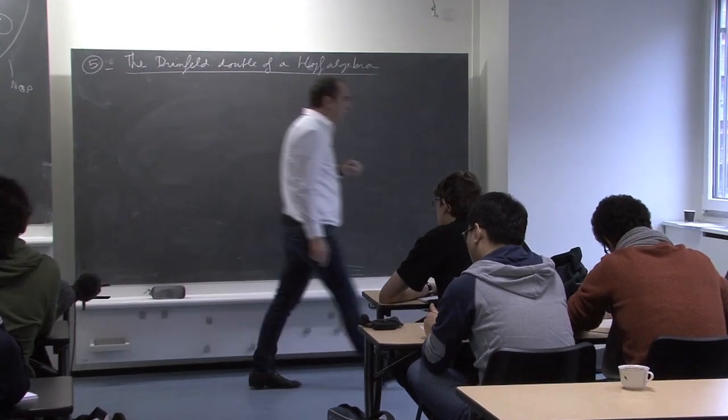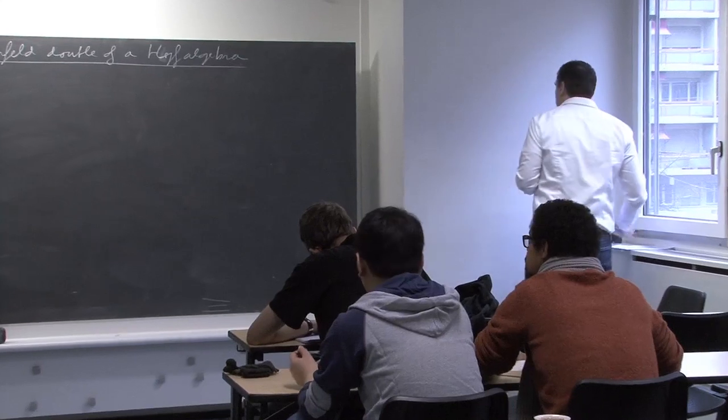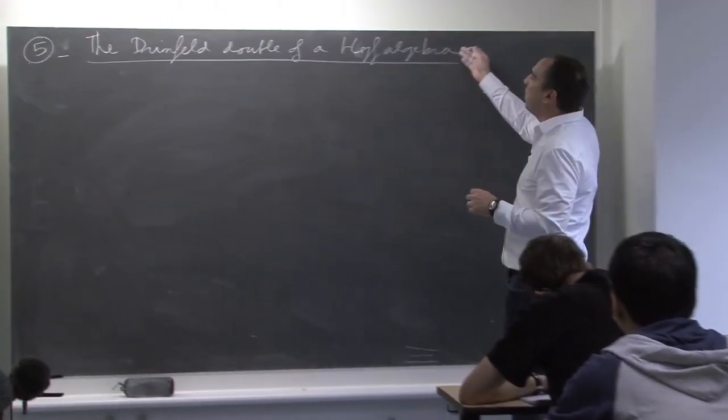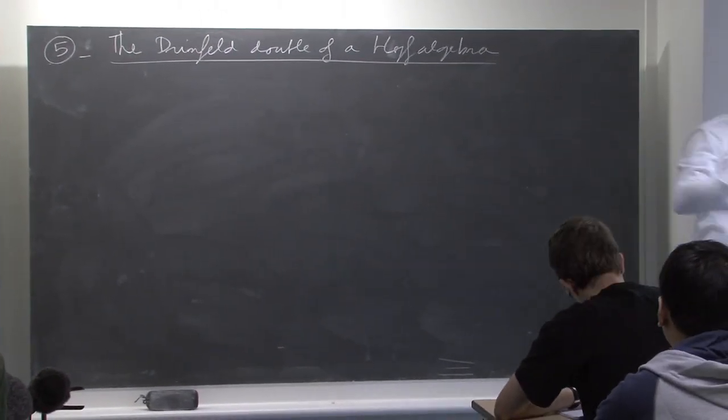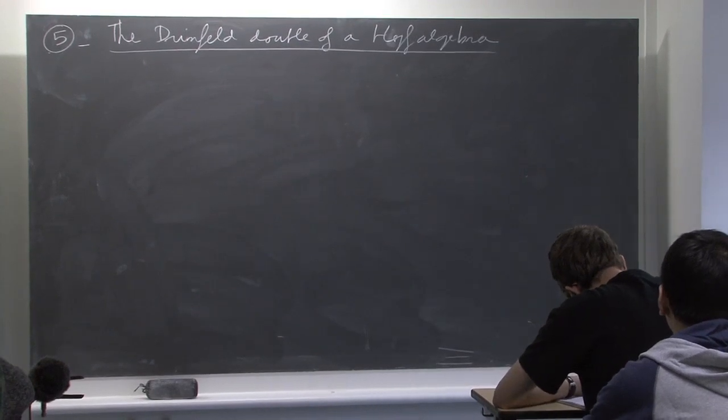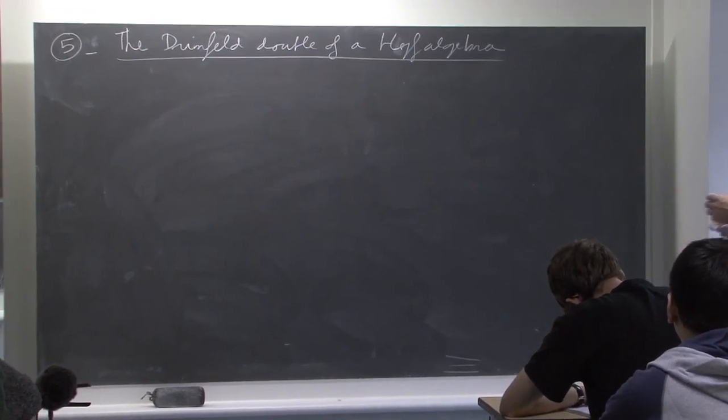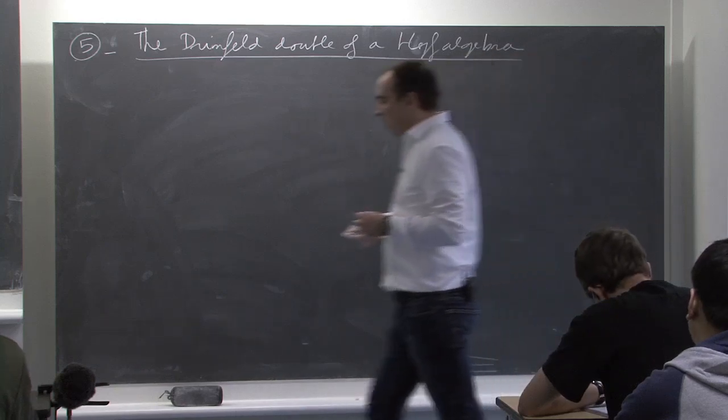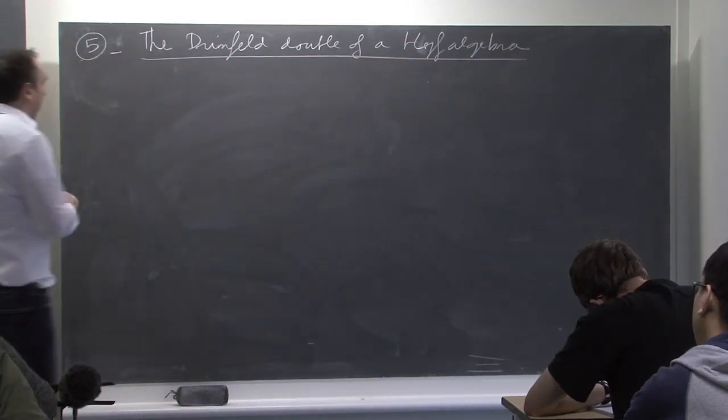Before defining what is a Drinfeld double, we want to start from a Hopf algebra A and construct another Hopf algebra dA, which is quasi-triangular, which has an R matrix. But first I will define this notion.